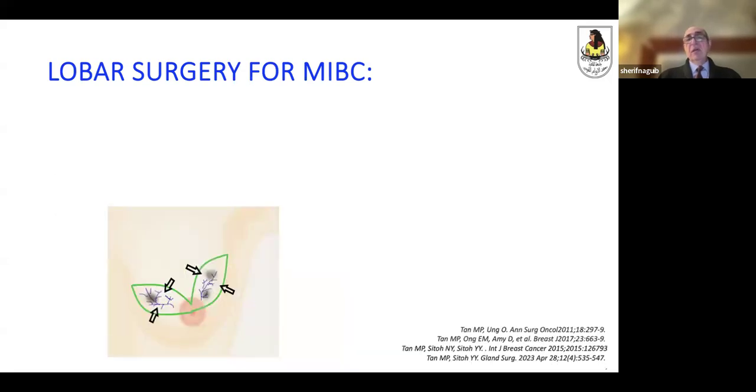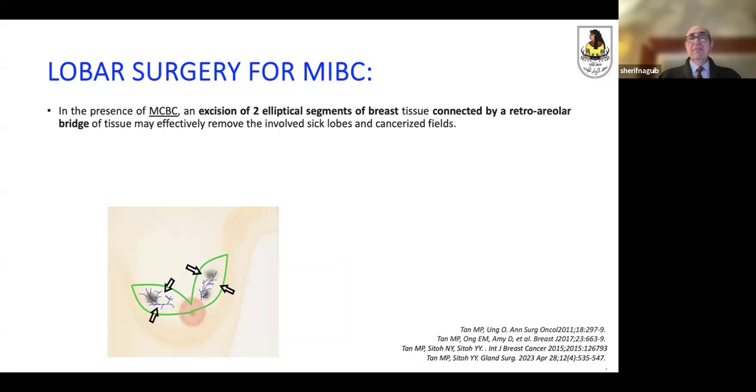So this sick lobe hypothesis led to lobar surgery introduction for multiple ipsilateral breast cancer. As you can see in the figure that we show you here, excision of two elliptical segments in the presence of multicentric disease, and these elliptical segments could be connected by a retroareolar bridge, could lead to adequate excision of multicentric breast cancer.